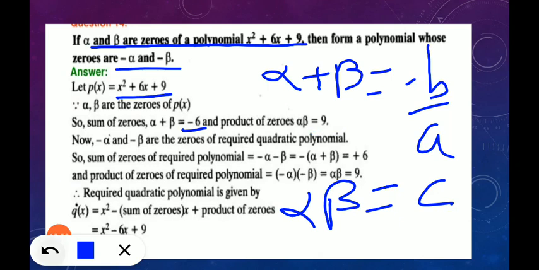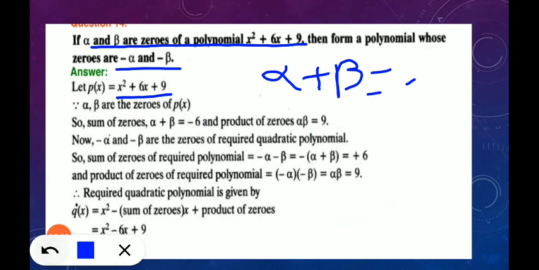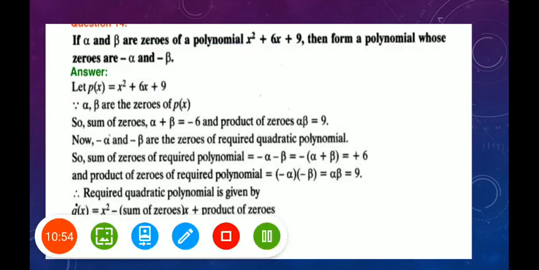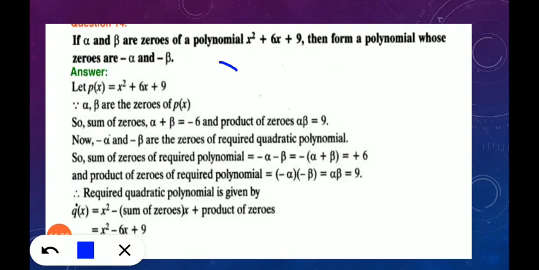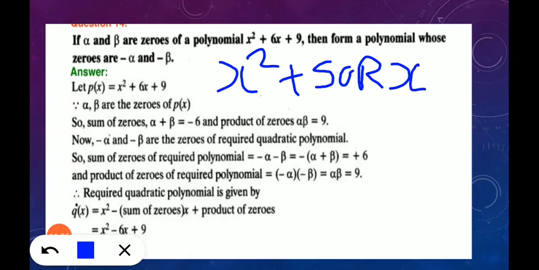After getting this, we have to form a new polynomial whose zeros are minus alpha and minus beta. We know that any quadratic polynomial can be written as x square plus sum of roots into x plus product of roots.